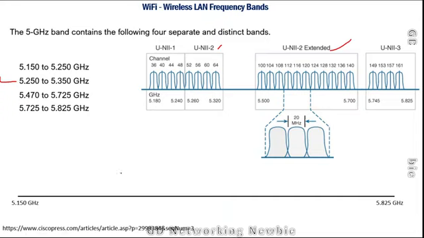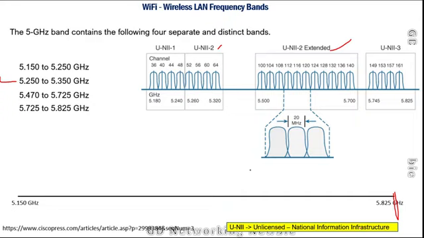I have taken this image from Cisco Press and I have put the reference here. These bands are all within the frequency range 5.150 to 5.825. And UNII stands for Unlicensed National Information Infrastructure.